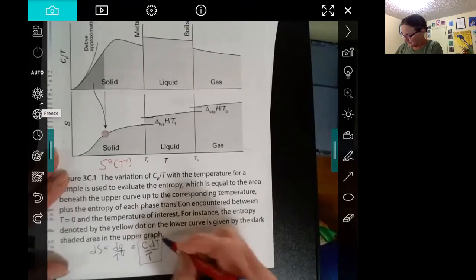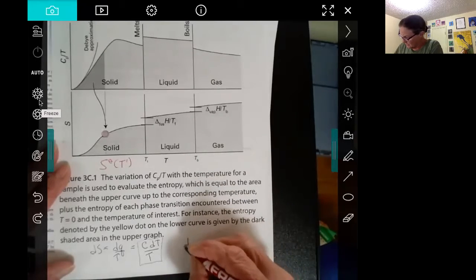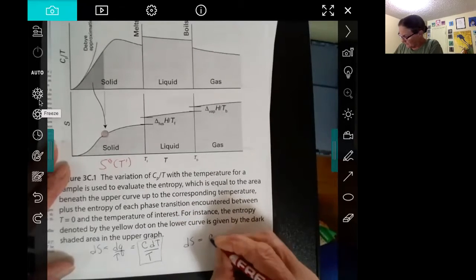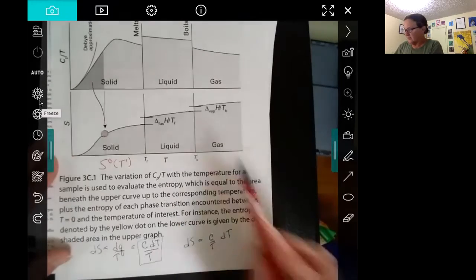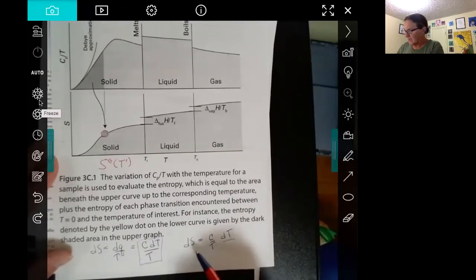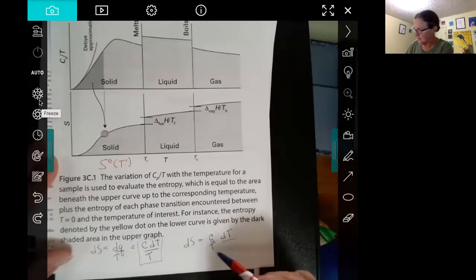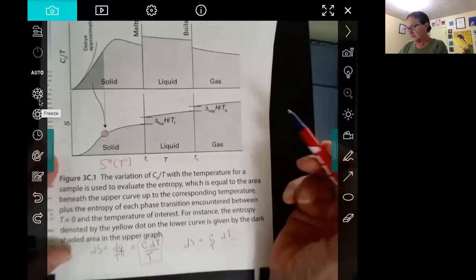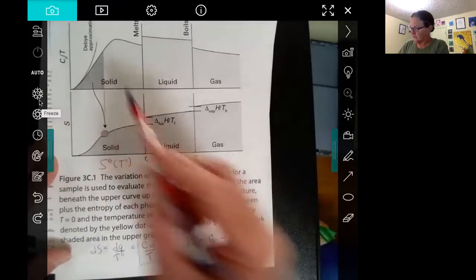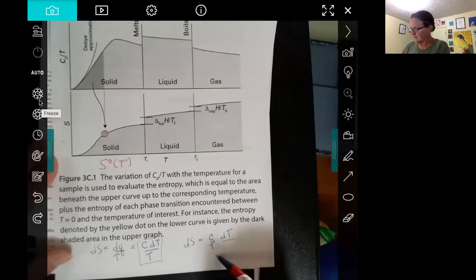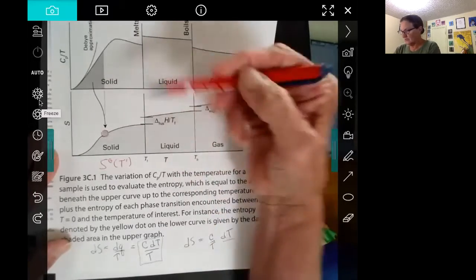So if you wanted to determine what entropy is, you would make a graph, and you would graph on the x-axis T and on the y-axis C over T, and the product of those two, or the area under that curve, is going to give you entropy. So the area under the curve of heat capacity over temperature graphed against temperature is going to give you the change in entropy.